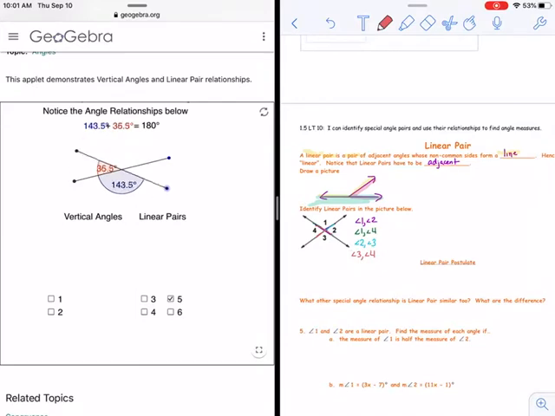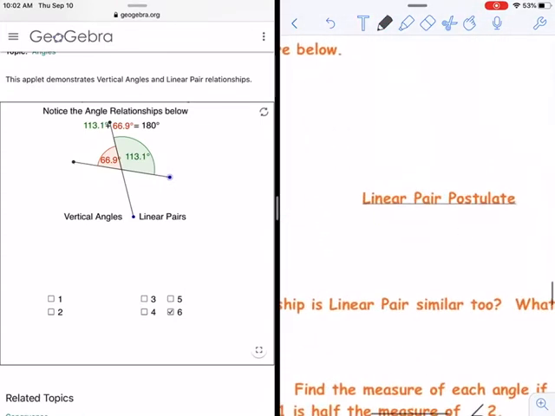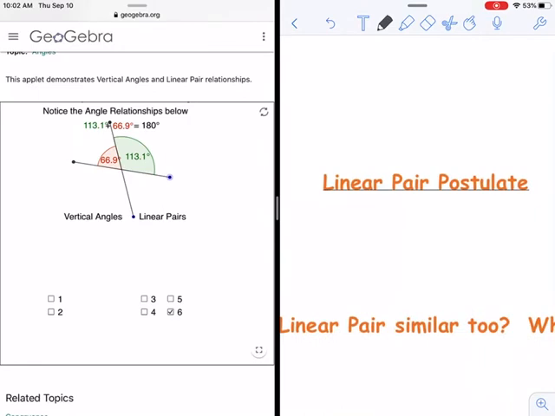Well, what about this pair? Now these two pairs, they always add up to 180 degrees. These pairs add to 180 degrees, and so on and so forth. All right, we don't use the term 180 degrees though. We're incredibly specific.